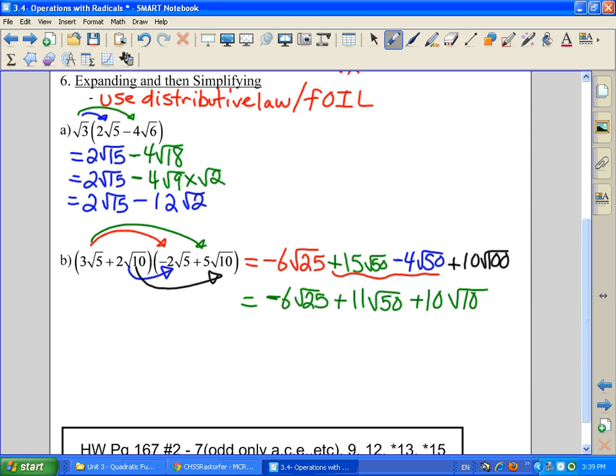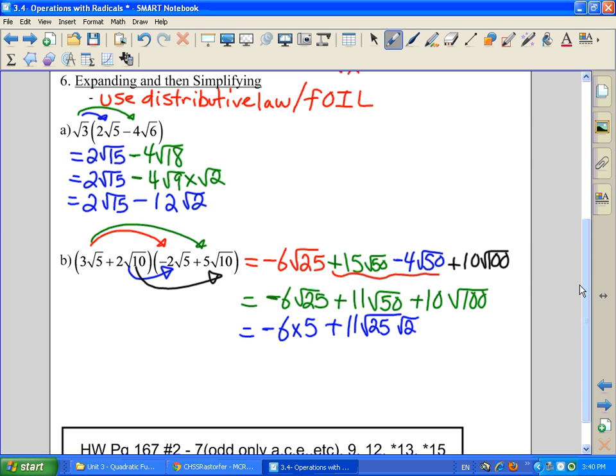Okay, and now we're going to simplify these expressions and break them down. Okay, so we've got negative 6. When you take a look, square root of 25 is 5 plus 11. And then we're going to take that and make it root 25 times root 2.